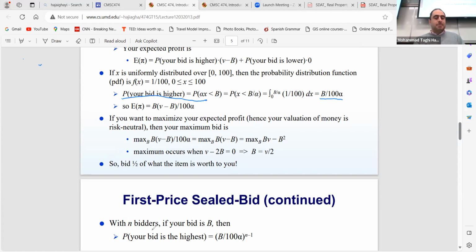If you have n bidders, this generalizes to B over 100 times alpha to the n minus 1, because you need to be higher than n minus 1 other people.